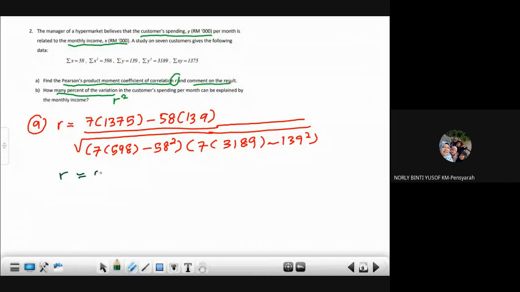Your R is 0.9950. This R is in between 0.8 and 1, so it is strong, strong positively because it is positive.